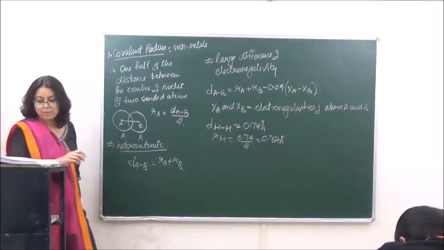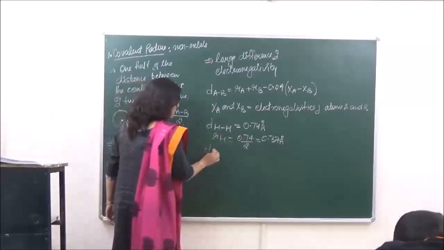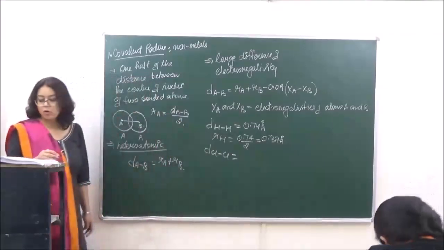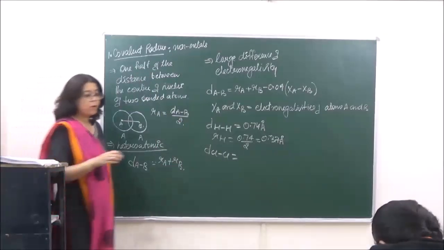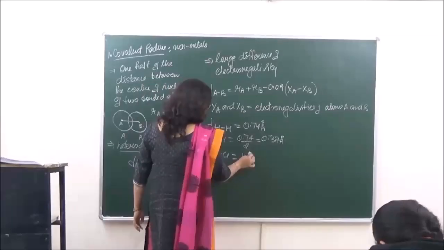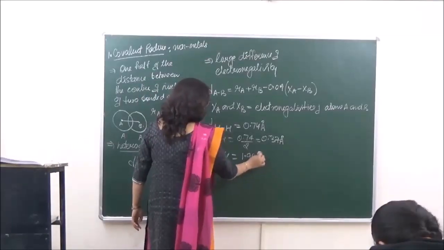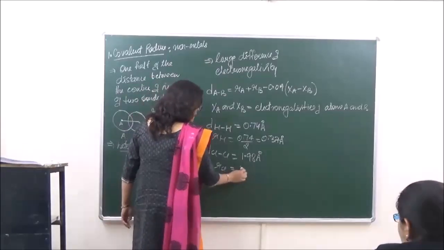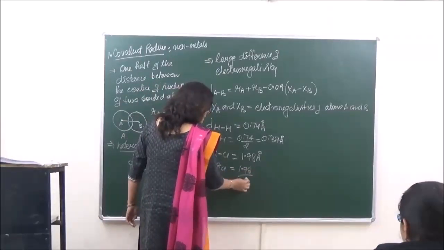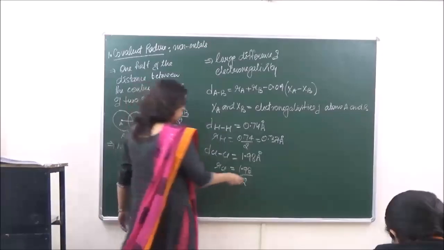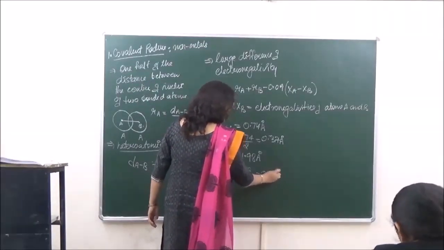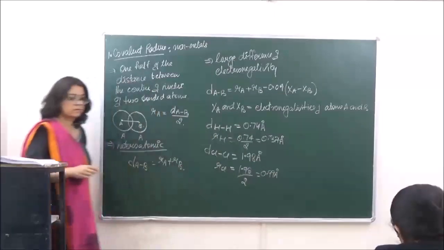Let's take another example. We say that the distance between chlorine atoms in the chlorine molecule is 1.98 angstrom. Then what is going to be R of Cl? 1.98 divided by 2. So that is going to be 0.99 angstrom.